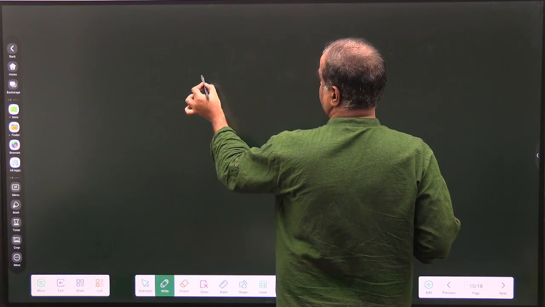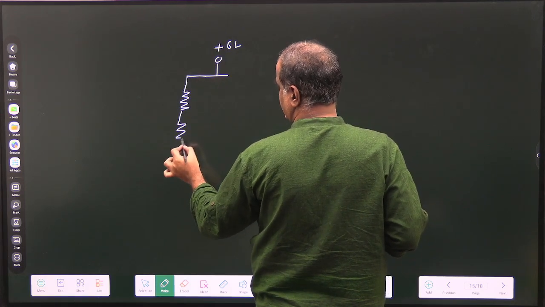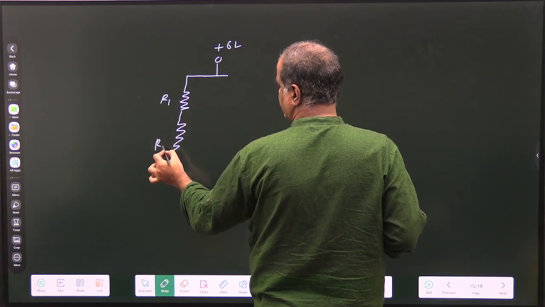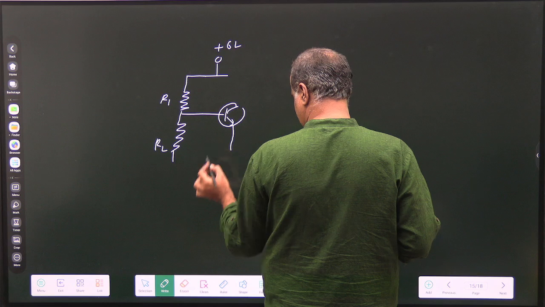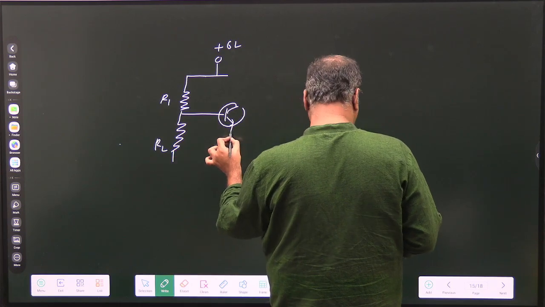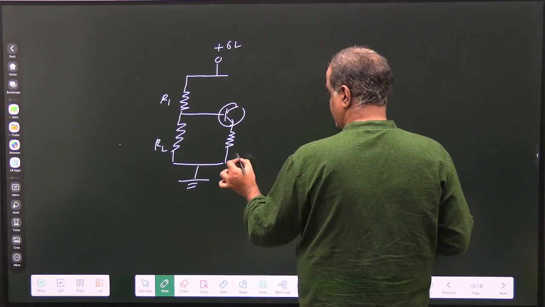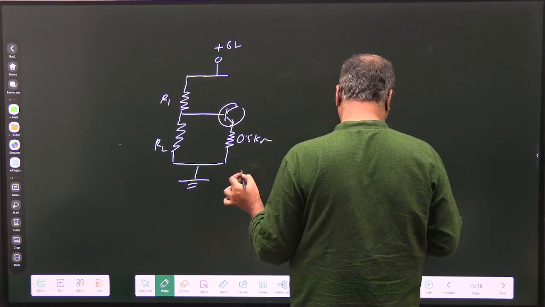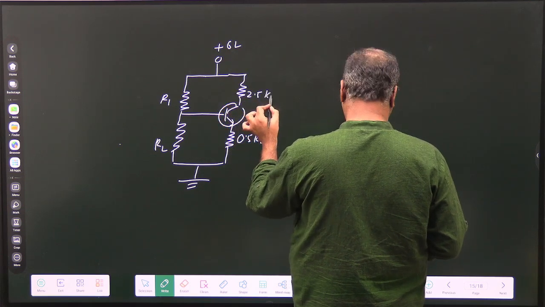Have we done this question before? Okay, so this is 6 volt and a voltage divider circuit, R1, R2, 0.5 kilo ohm, 6 volt, and this is your 2.5 kilo ohm.